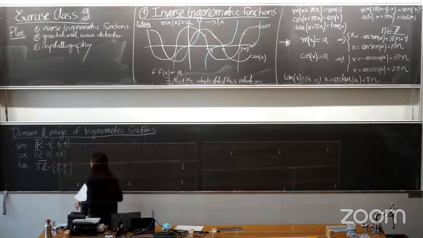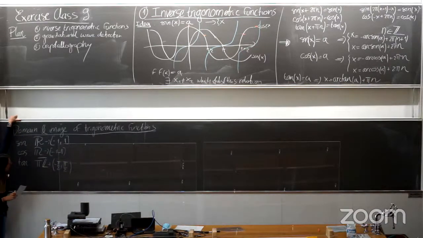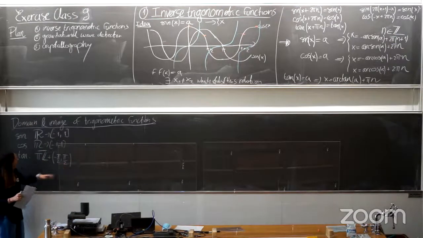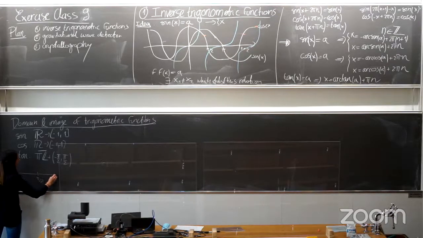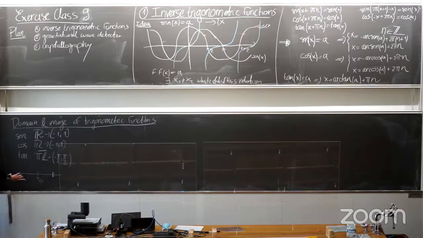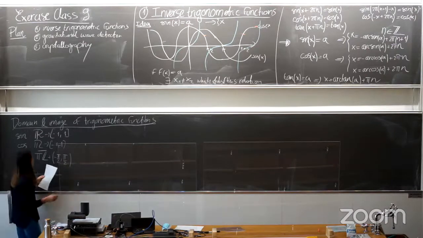And this is exactly given by this form here, which means between minus pi half and pi half, not included. Here the function is defined, and then it's defined here and here, but exactly on the multiples of this, it's not defined. It's minus or plus infinity. And this maps to R.